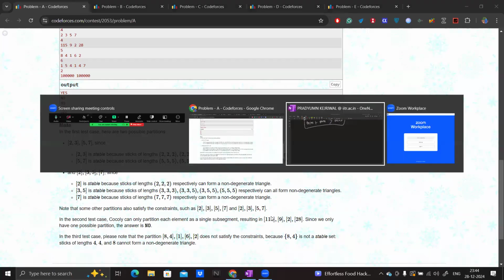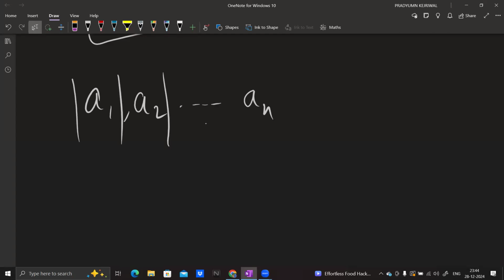It is always possible that, let's say I have an array a1, a2 up to an, then I can always partition it into the singular sets. It is always possible because in that case, for set i, the minimum would be ai and maximum would be ai.